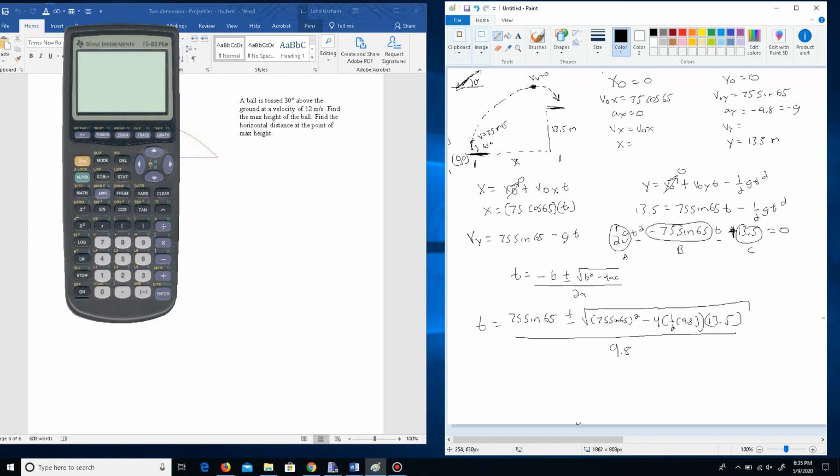All right, so the best way I would do it is start inside here. 75 sine 65, square that, then minus, and we'll see what we can break up here. 4 divided by 2 is 2, so 2 times 9.8 times 13.5.